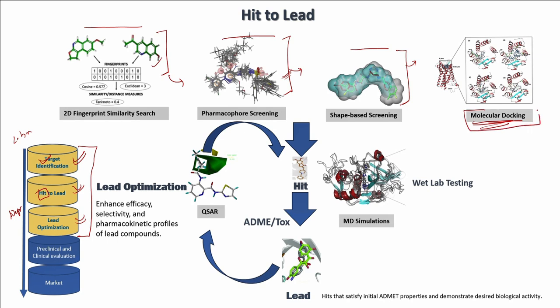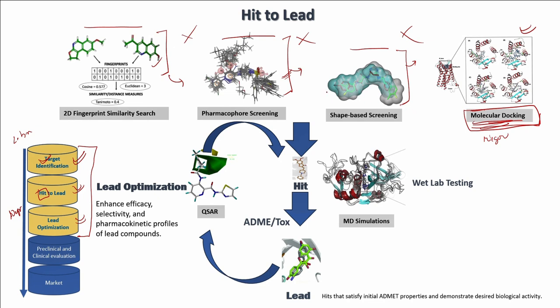the hits can become leads. Hits become leads when you do ADMET analysis: hits that satisfy initial ADMET properties and demonstrate the desired biological activity.